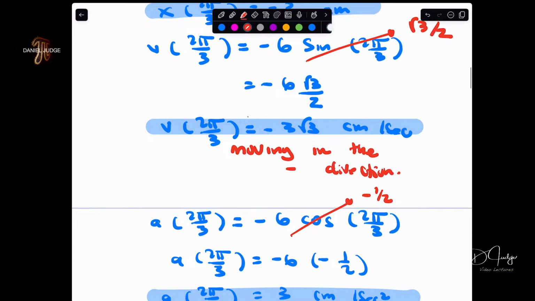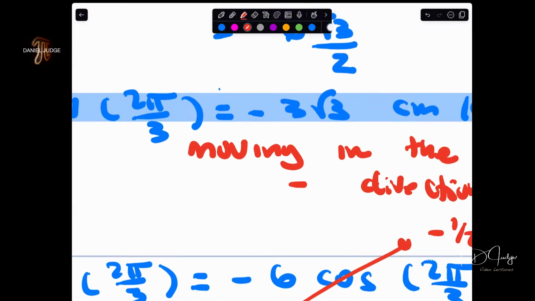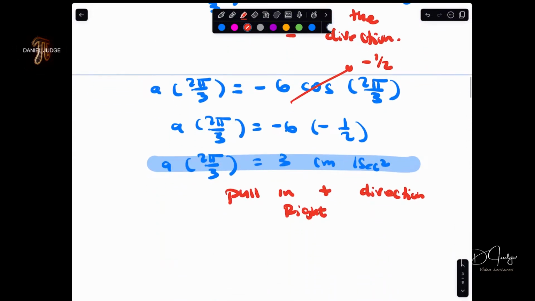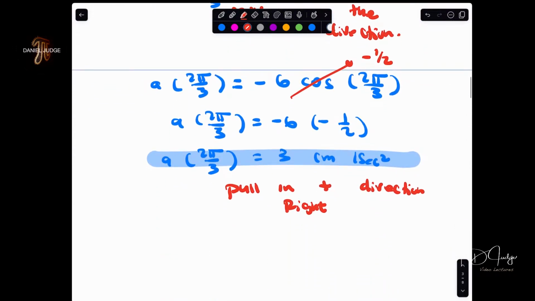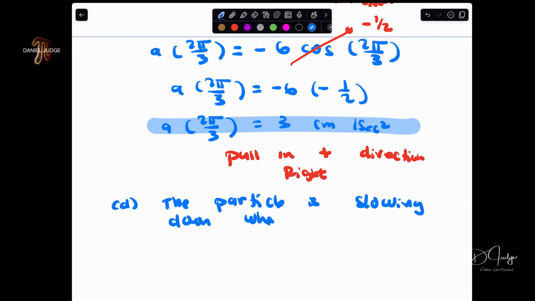So since the velocity is negative, moving in the negative direction, but it's being pulled in the positive direction to the right, for question D, the particle is slowing down when t is 2 pi over 3.